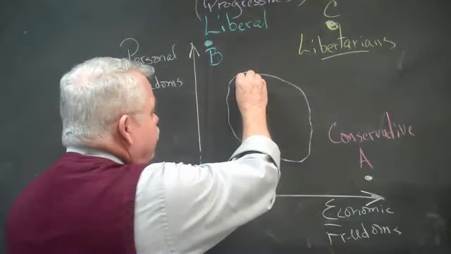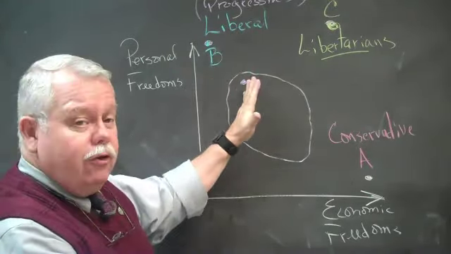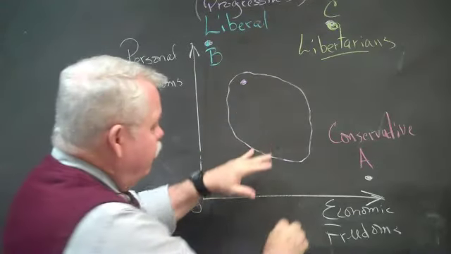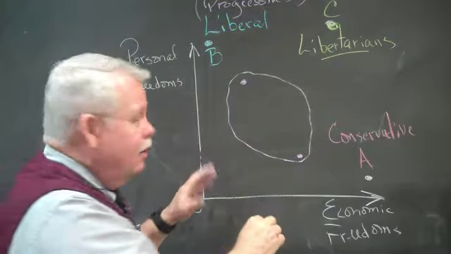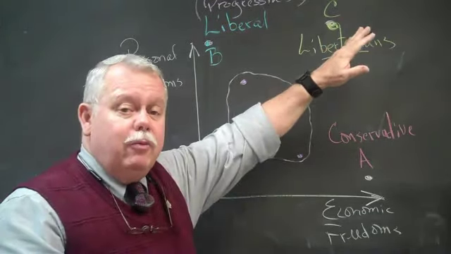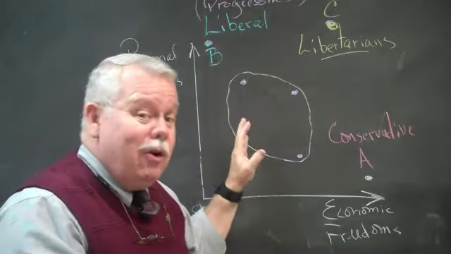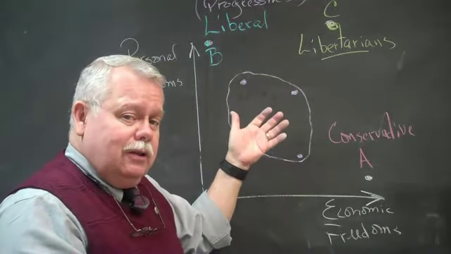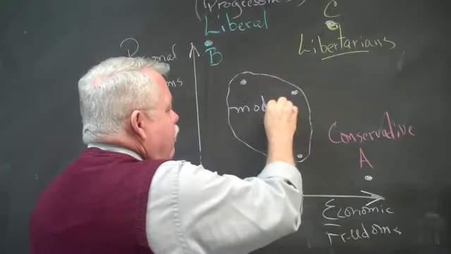This person up here is more liberal, but a little bit conservative. This person down here is more conservative, but a little bit liberal. And this person out here is not an extreme libertarian, but kind of in the middle. Is this composed of people who just don't know what they like, don't know what they feel? No, this is composed of people we generally call moderates.